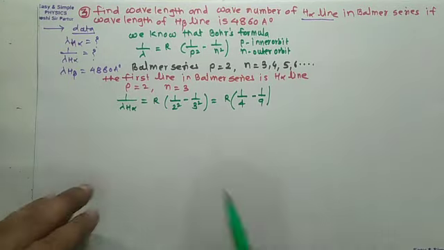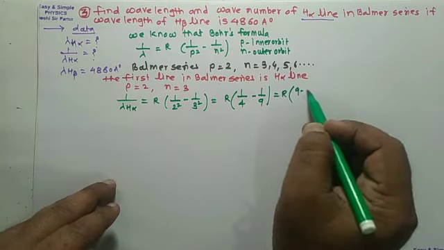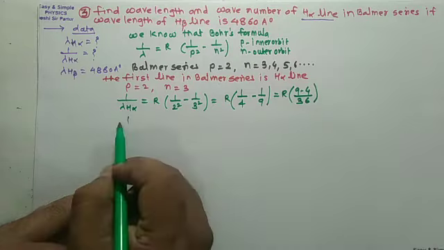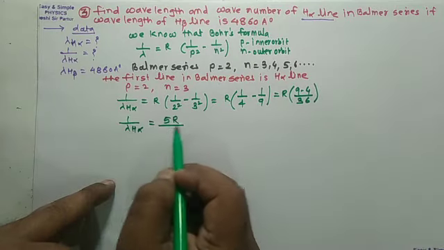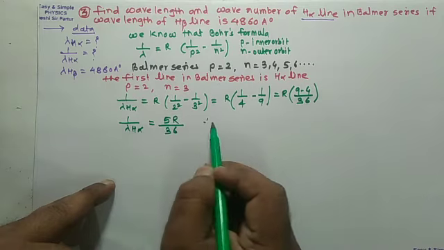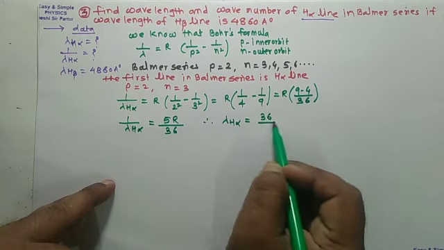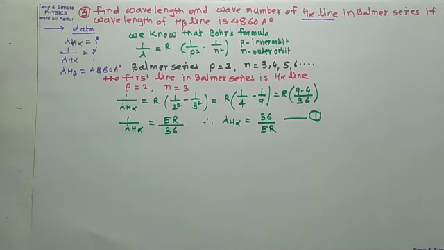Make cross multiplication: 9 minus 4 upon 36. Here 1 upon lambda H alpha equal to 5R upon 36. Therefore lambda H alpha equal to 36 upon 5R, equation number 1.